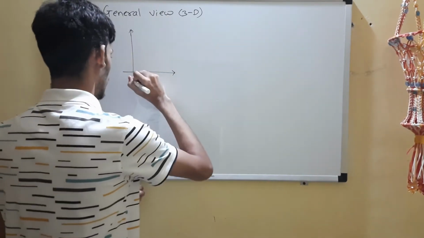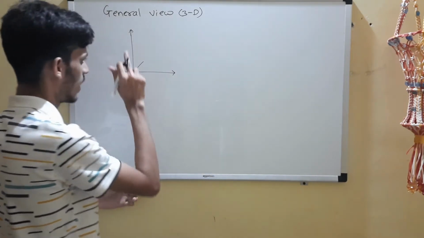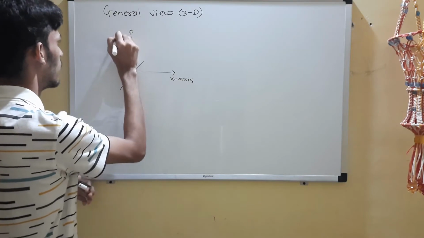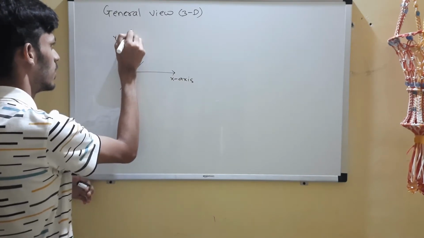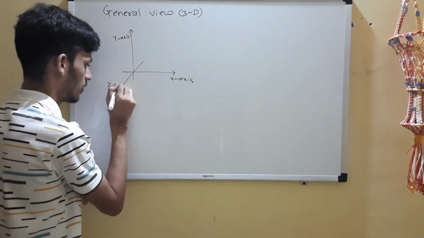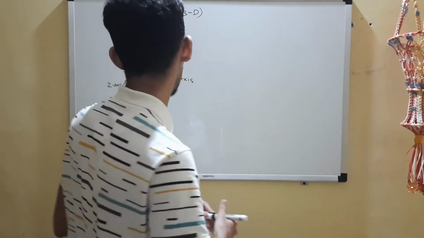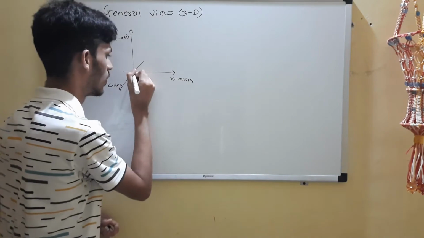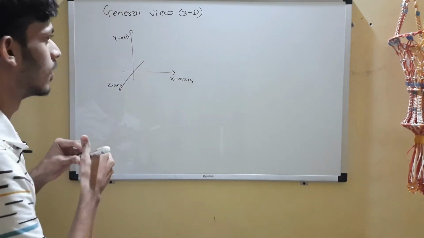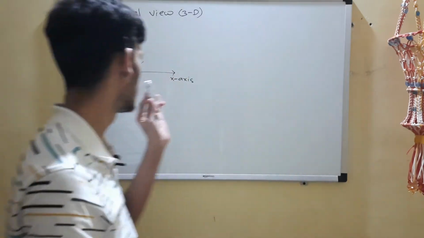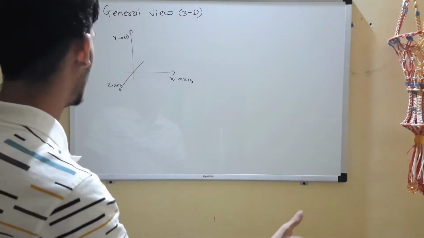So this is the x axis, this is the y axis, the vertical line, and this is the z axis. You can picture the corner of your room. The vertical line going towards the ceiling will be the y-axis, the horizontal line will be the x-axis, and the line that's coming towards you or going away from you will be the z-axis.